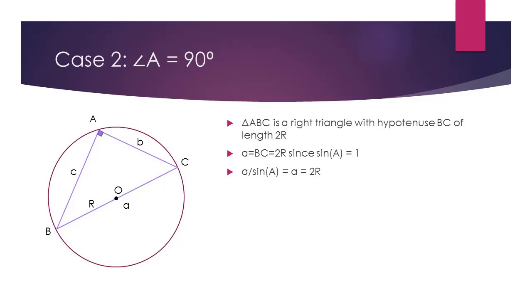So, since a equals BC, which is the diameter, therefore, it equals 2R. And if we just plug that in, a over sine of A, we also know that since angle A is 90 degrees, sine of 90 degrees is just equal to 1. So therefore a over sine of A equals a, which equals 2R. And that proves that case.